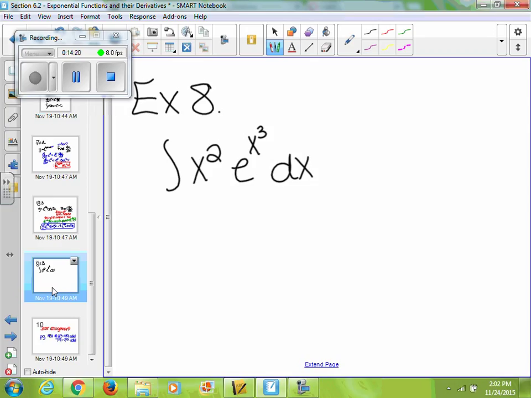All right, and then the next example I'm going to look at is example 8, where I'm going to find the integral of x squared times e to the x cubed.